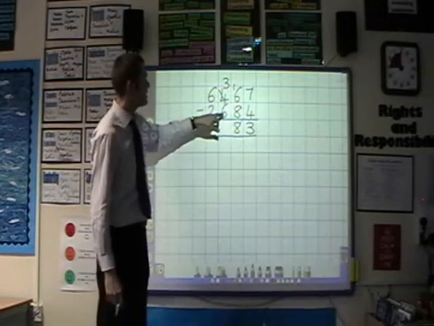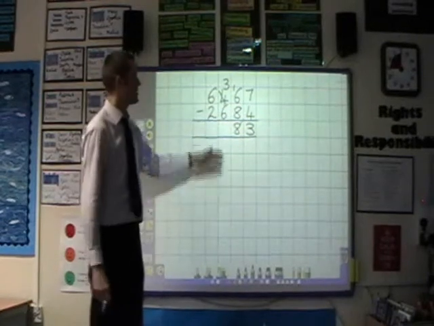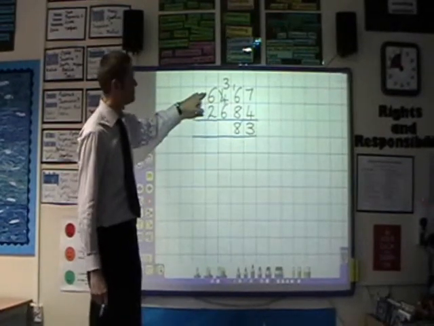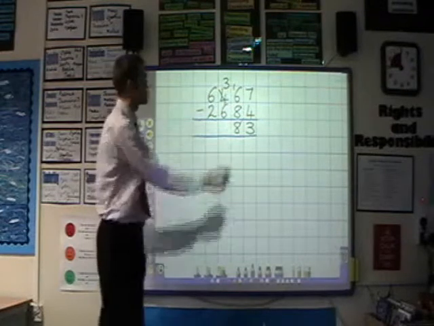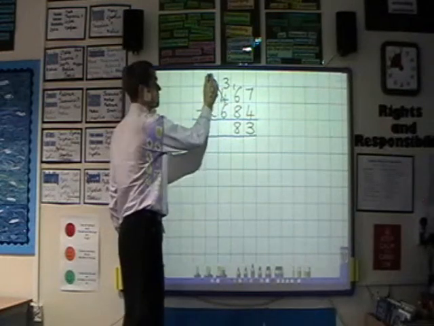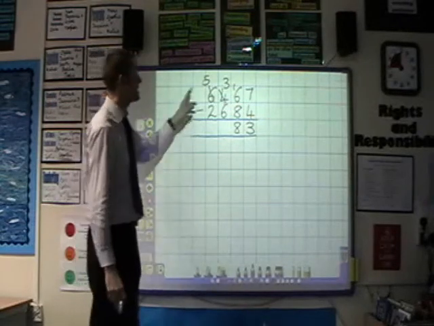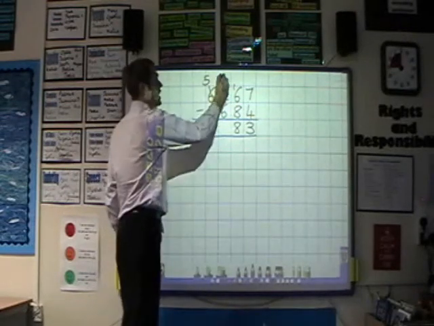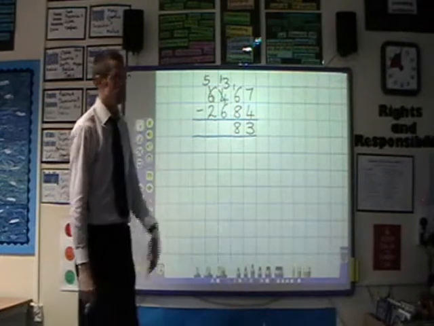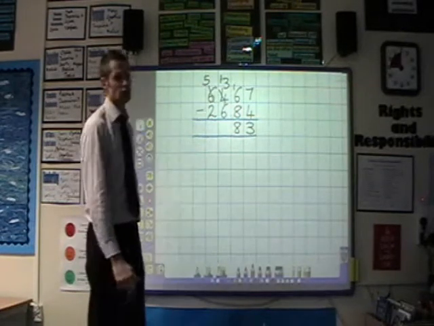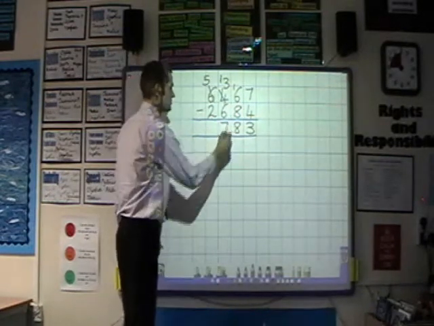Again, we can't take 6 from 3, so we're going to need to borrow from the thousands column. Which reduces that down to 5 thousands, and give that 1,000 to the hundreds column, so we've now got 13 hundreds, and 13 hundreds take 6 hundreds is 7 hundreds.